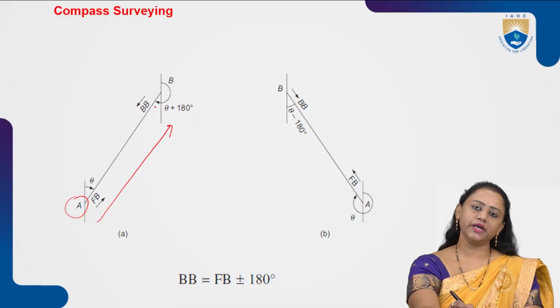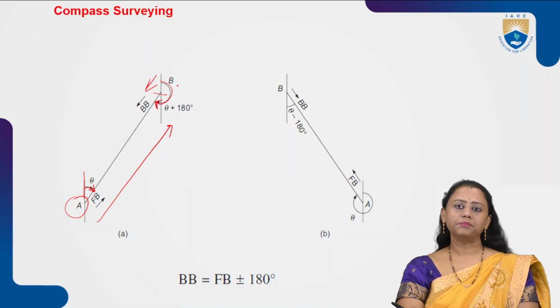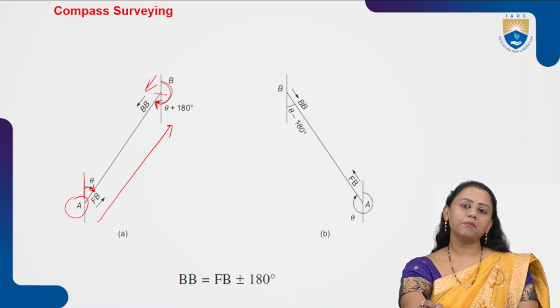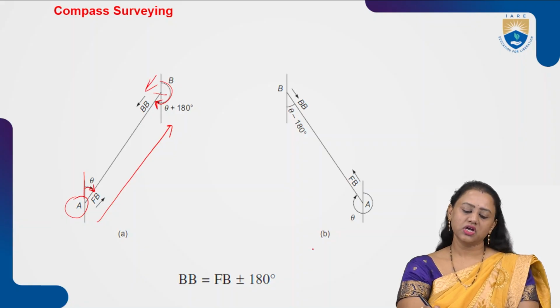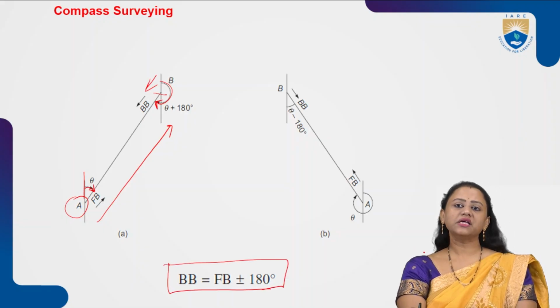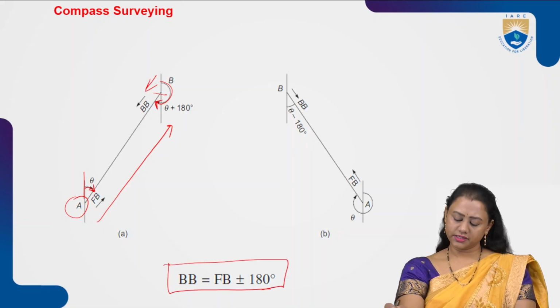I am viewing from A to B. This angle theta with the north is the fore bearing, and when I am viewing backward from B, this angle that we measured backward is known as the back bearing. So back bearing is equal to theta minus 180 degrees. So we can say that back bearing is equal to fore bearing plus or minus 180 degrees.